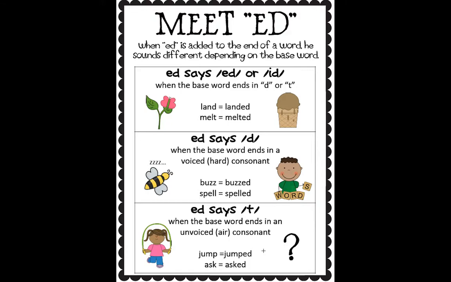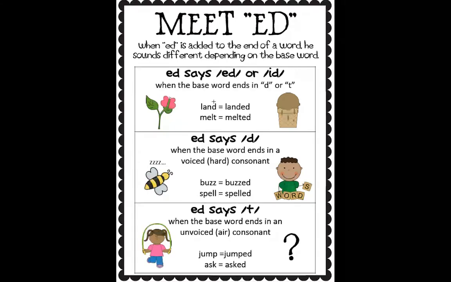So Ed says id. You might hear an id sound when the base word, and a base word is that root word we've talked about when we learned about suffixes, ends with a D or a T. So look at the word land.